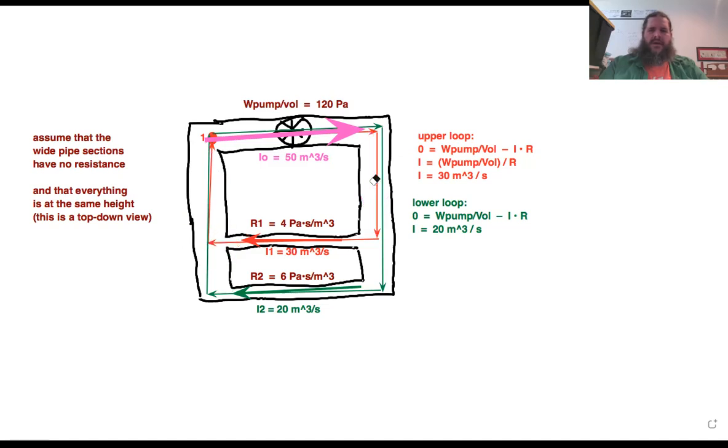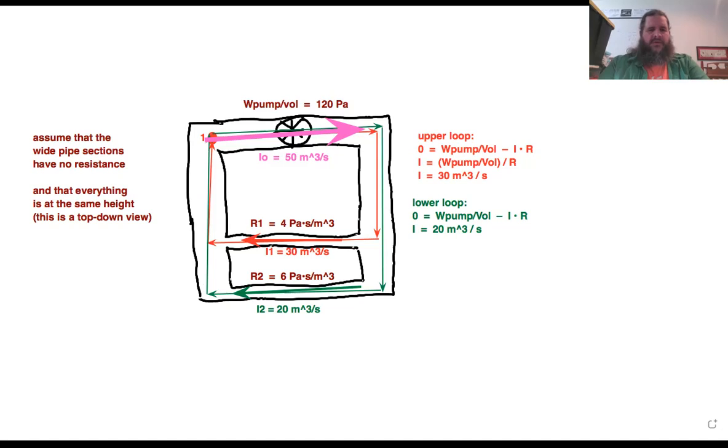And a couple of the things about this that are useful to consider. Have you seen the idea of how you would combine resistors in parallel? Like the inverse? Yeah. Like 1 over R equals 1 over R1 plus 1 over R2.